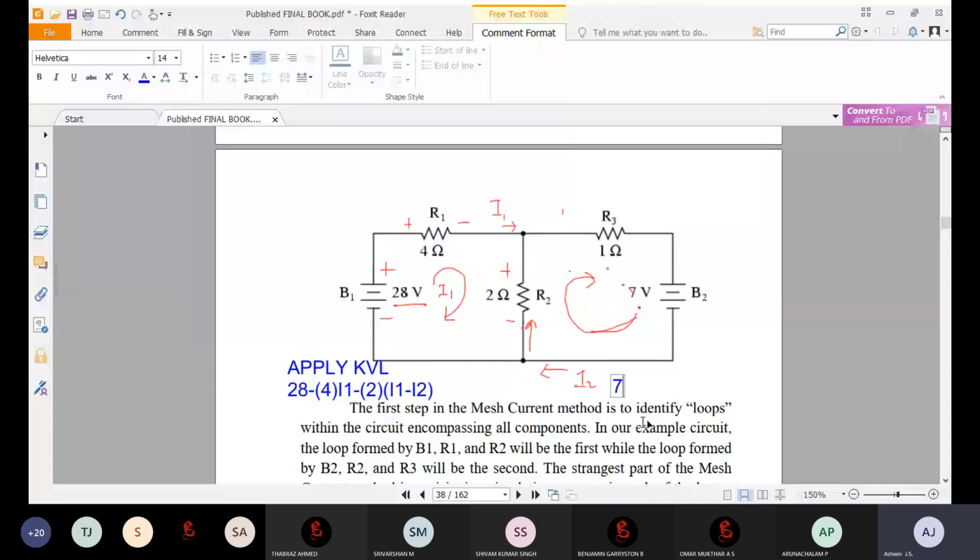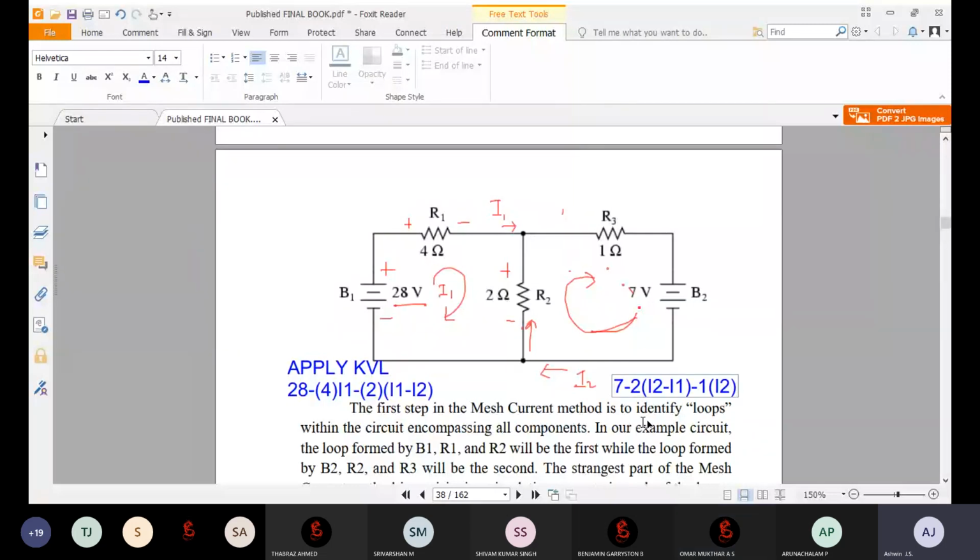It will be minus 2 into I2, minus I1, because my I1 is coming in the opposite direction, and then again minus 1 into I2. So this is how you have to write the equation.